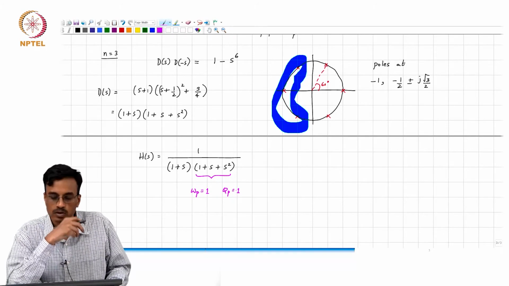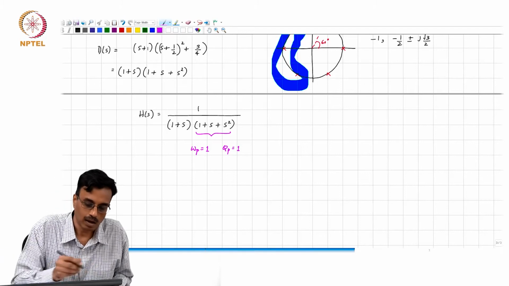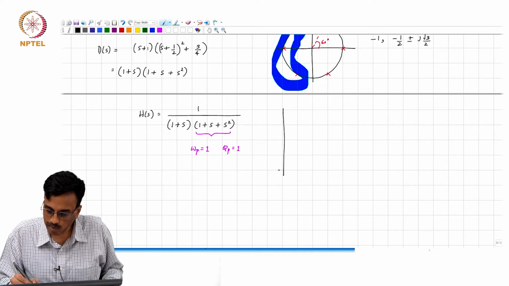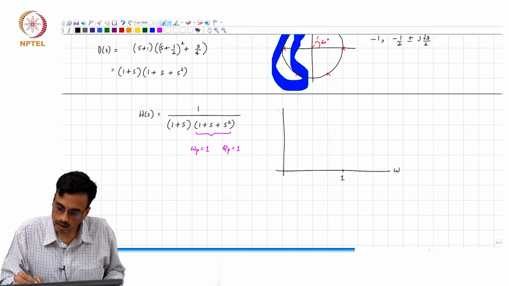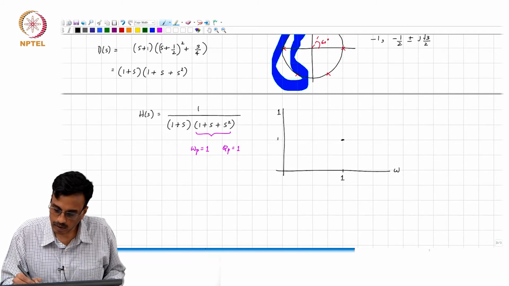Okay. So it would be interesting to compare the response of the second order Butterworth and the third order Butterworth. This is 1, and this is half.